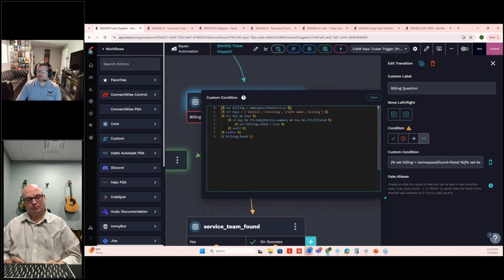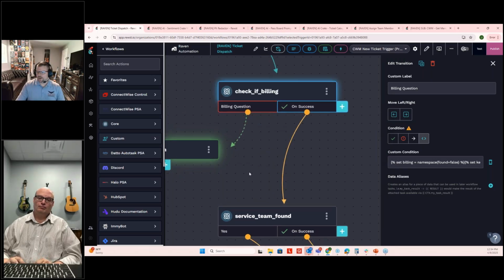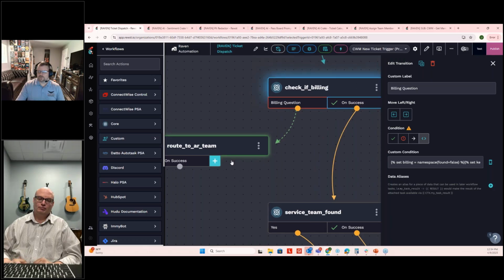We've created a set of keys looking at the word invoice, invoicing, credit memo, or billing. And if that word happens to be found in the summary, or it happens to be found in our filtered response, so that ticket note, then we know it's a billing related question, and we can route that accordingly and send it over to our AR team.